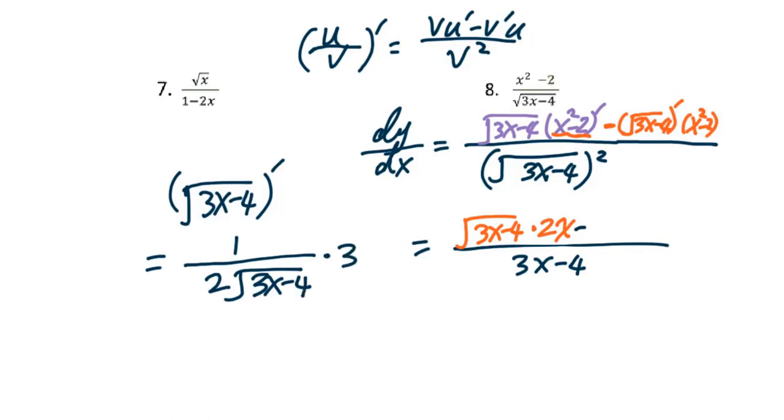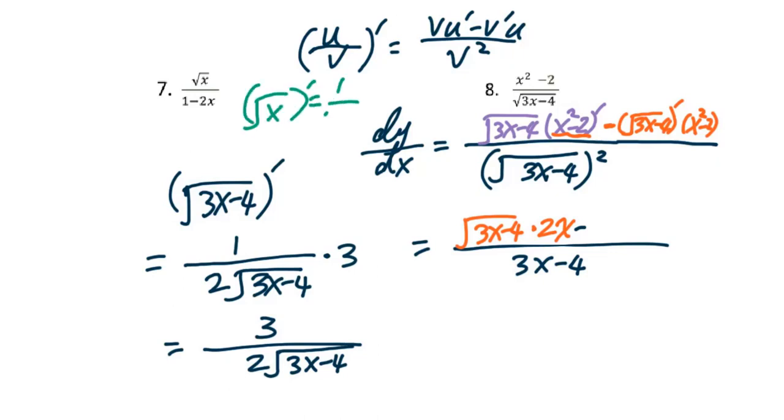You have to do the derivative of 3x minus 4. It's a 3. Always remember this formula: that is 1 over 2 square root of x. So you will get 3 over 2 square root 3x minus 4, then times x squared minus 2.